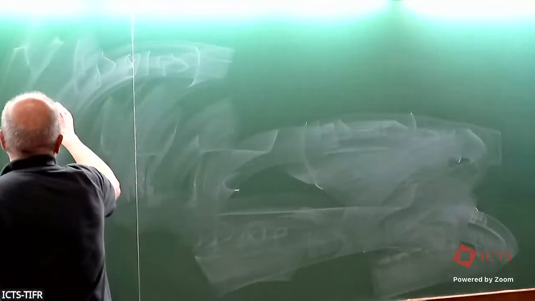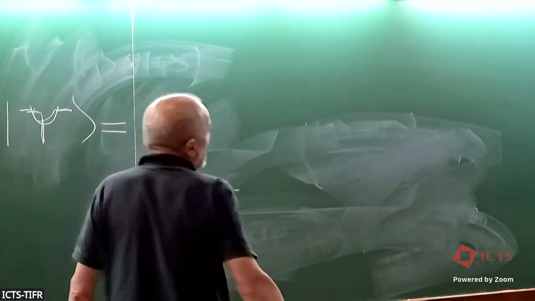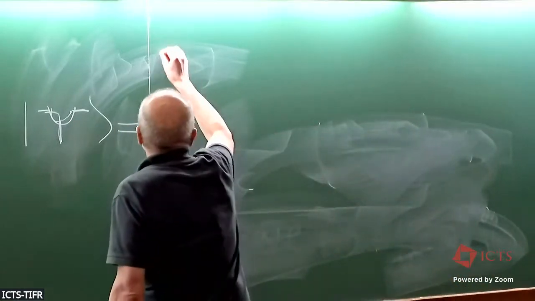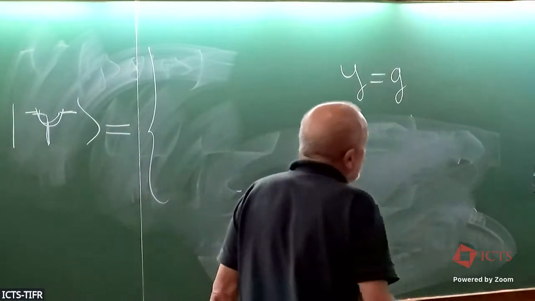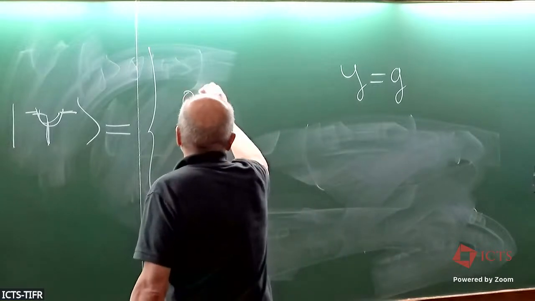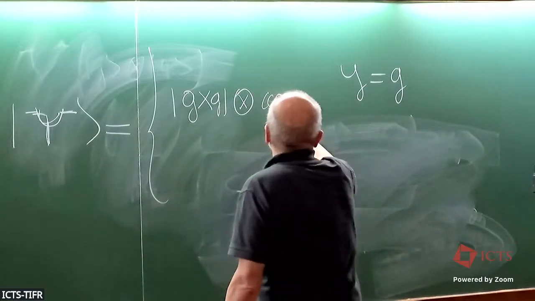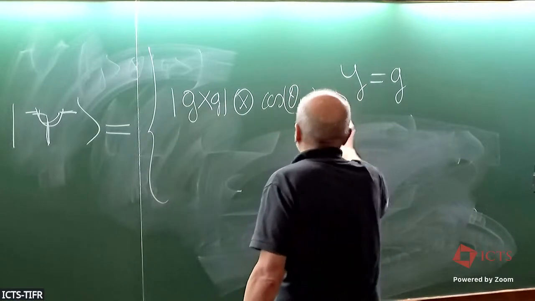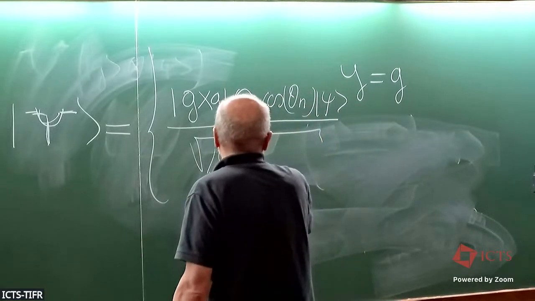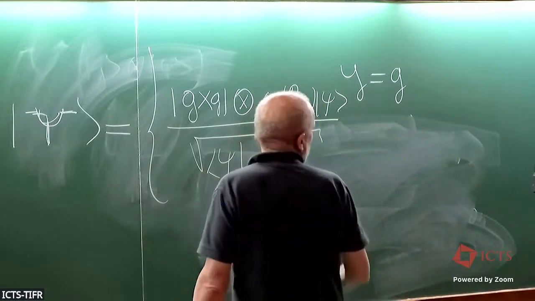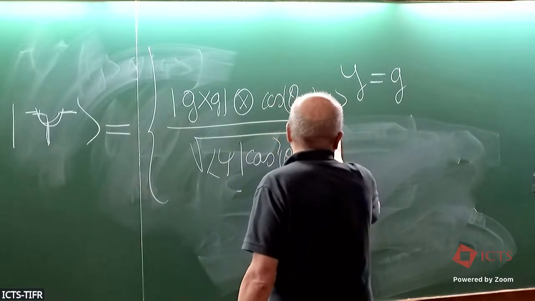So I have the big psi. What it becomes if I detect Y equal to G is this: GG tensor cosine of theta n psi over the square root of psi cosine square of theta n psi.